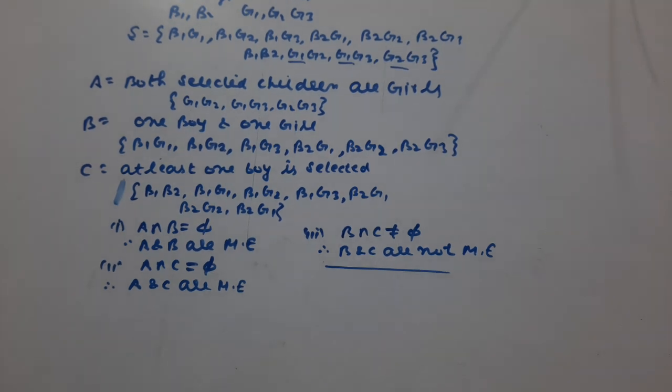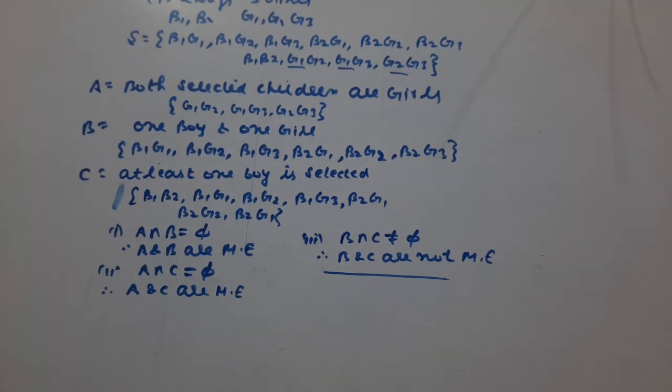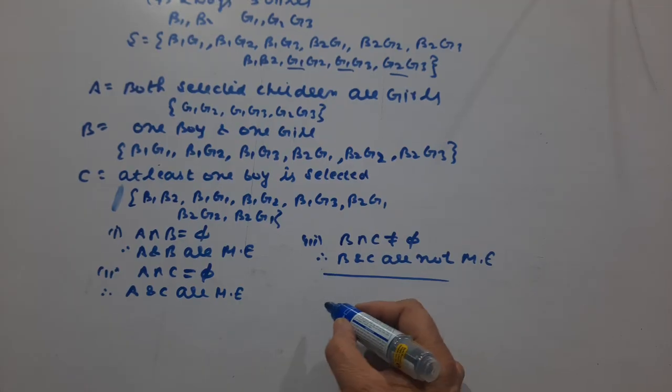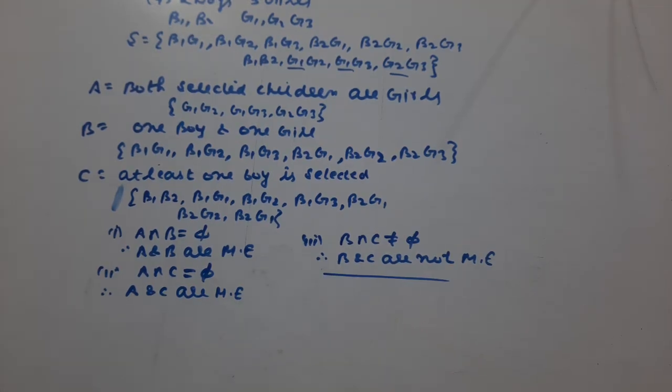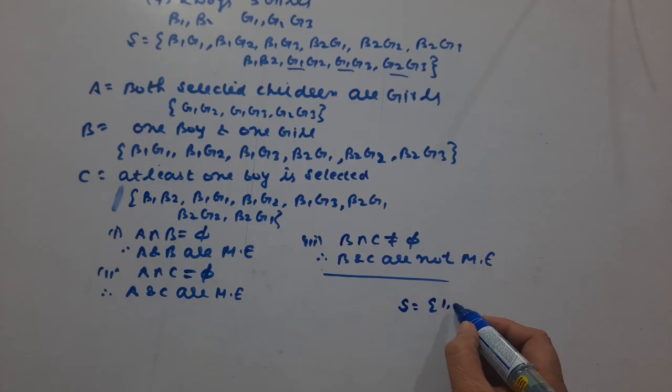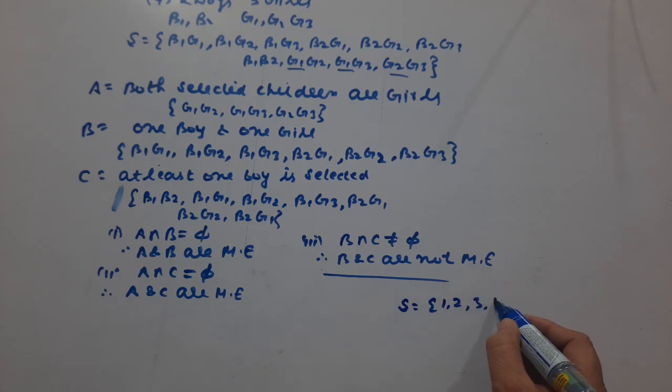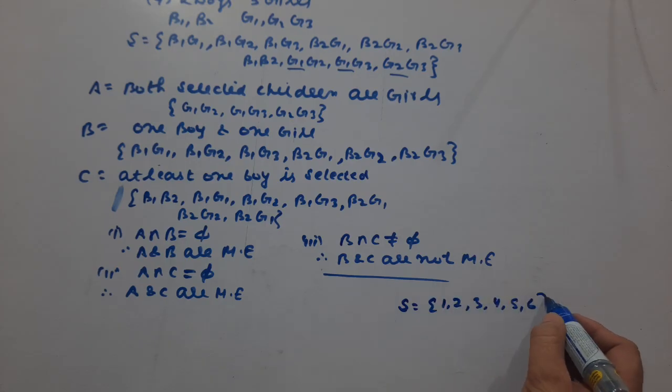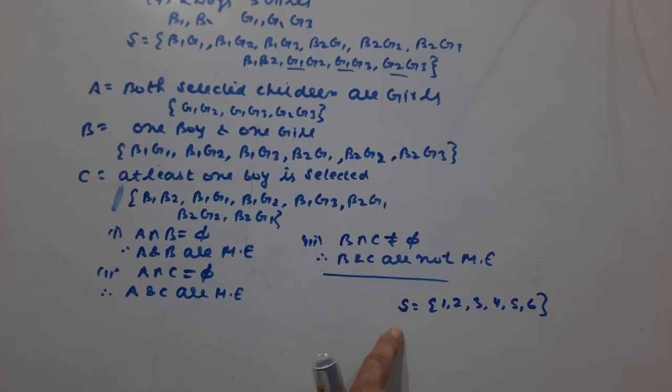Students, I give you one example of exhaustive events. Let us take an example. Suppose a die is thrown. When a die is thrown, the sample space will be 1, 2, 3, 4, 5, 6.